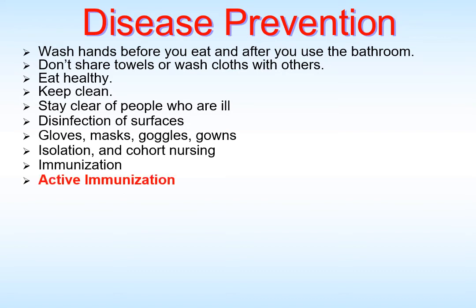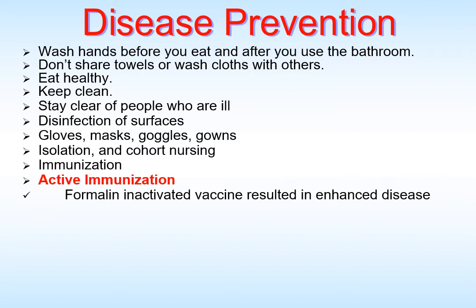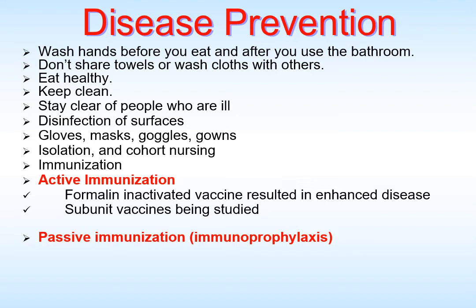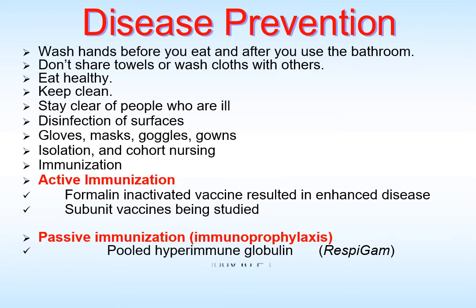You can see a list of non-specific variants of prevention, but specific prevention can also be used. It's active immunization by inactivated vaccine, a subunit vaccine can be used, and even passive immunization by immunoglobulin.